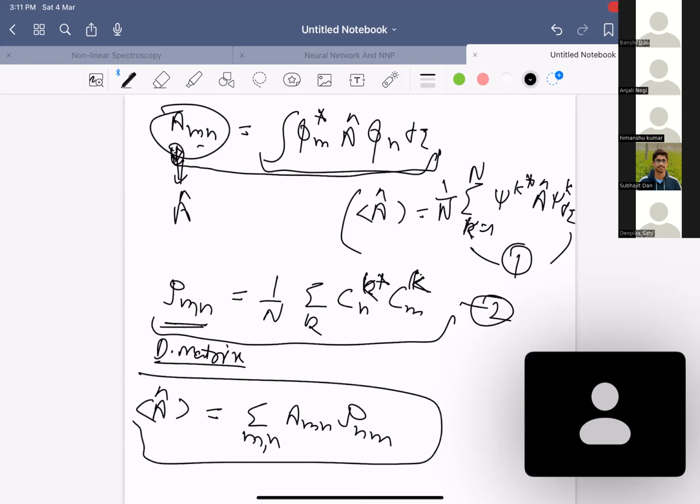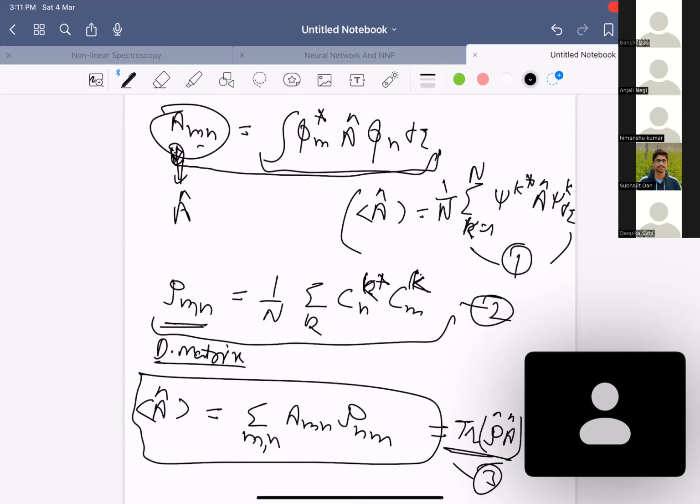This is the expectation value of the operator A, which is simply the trace of rho A. Let's call it equation 3.